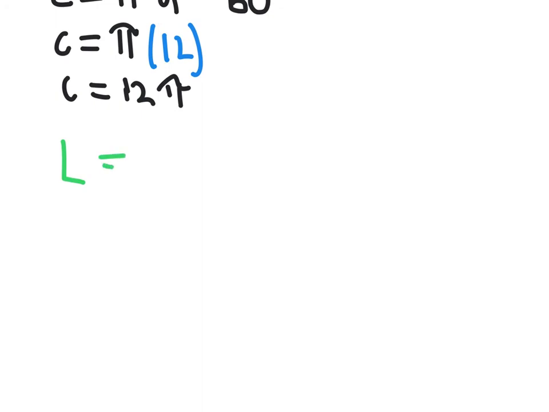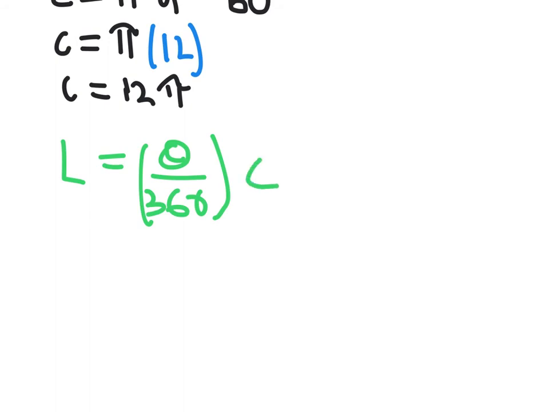It's going to be that angle divided by 360 times our circumference. So we know it's going to be theta, that notation for angle, theta out of 360 times our circumference, times C there.